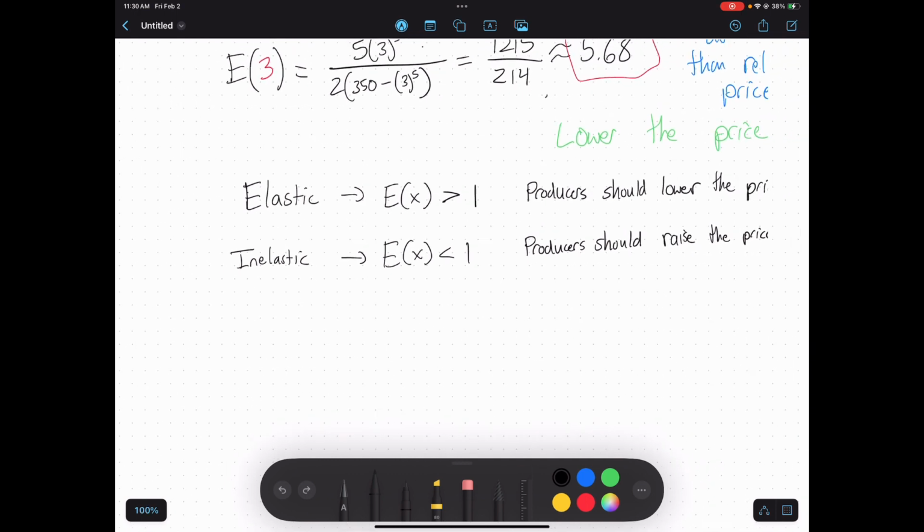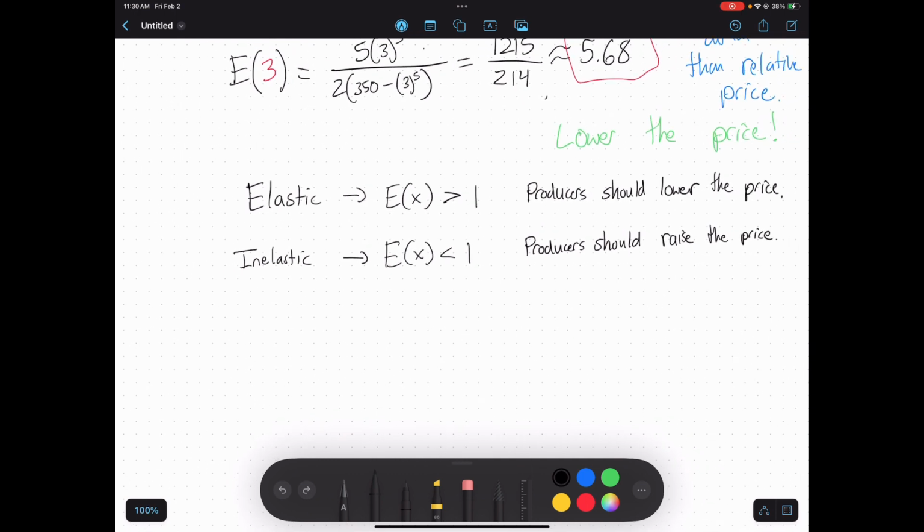Well, we've skipped over one specific situation. What if E of X is equal to 1? What if your elasticity ends up being exactly 1? That means that your relative change in demand will match the relative change in price. And if those two relative changes match up, then if I change the price at all, it's going to have an equal change in my demand, and it's not going to affect my revenue at all.